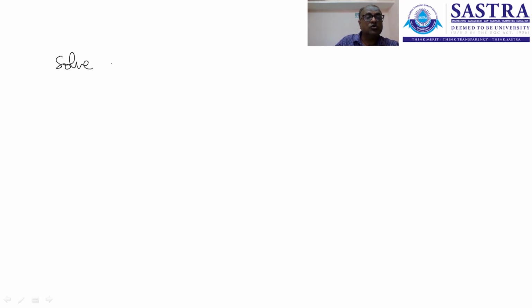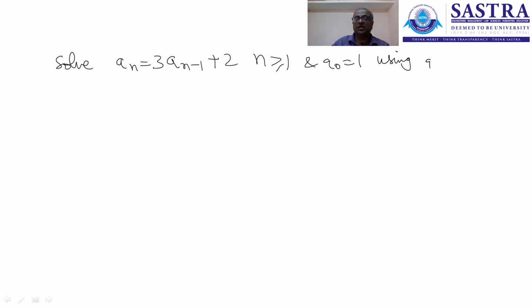Solve a_n is equal to 3 times a_(n minus 1) plus 2, with n greater than or equal to 1 and a0 equal to 1, using the generating function technique.